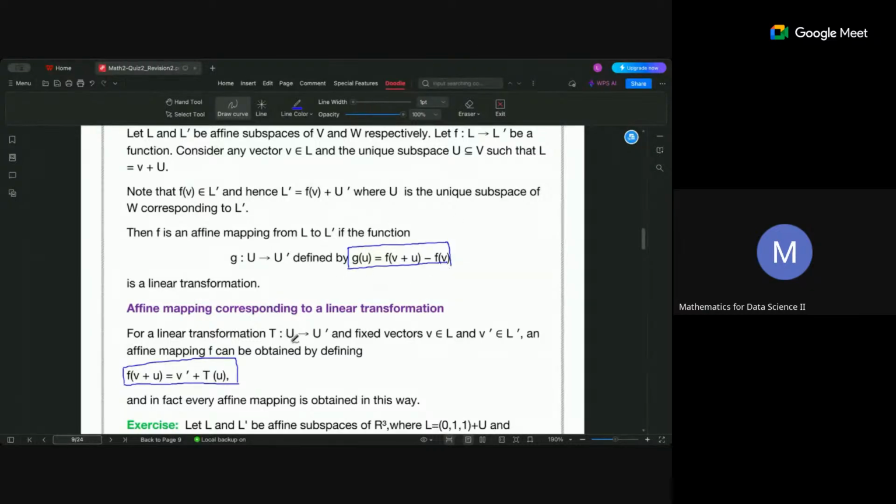And if you are given a transformation from the subspace to subspace, how to find an affine mapping in the corresponding affine spaces. And that, this U prime is like translatory of U to U prime. Yes, L is V plus U, and L dash is F of V plus U dash. Okay, so this is your L and this is your L dash.